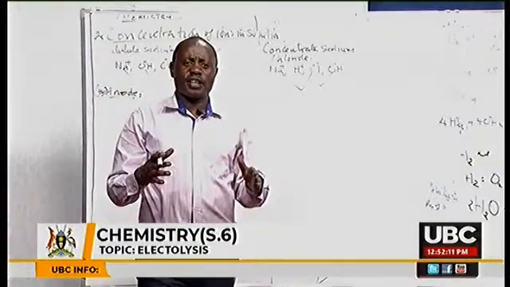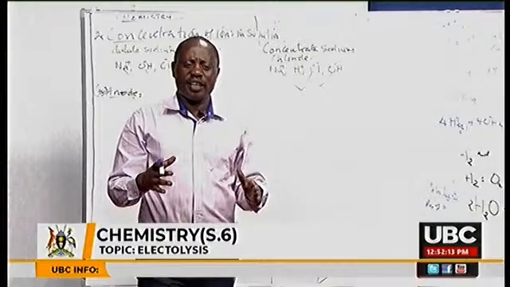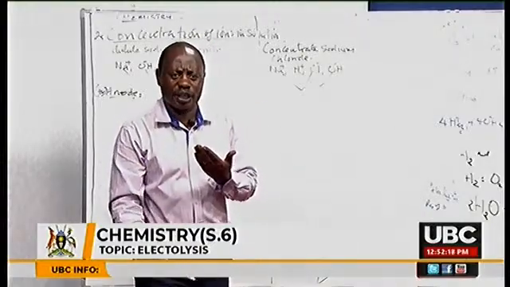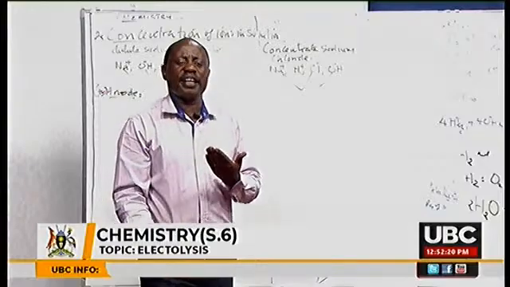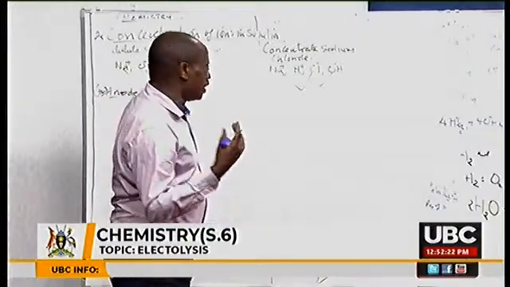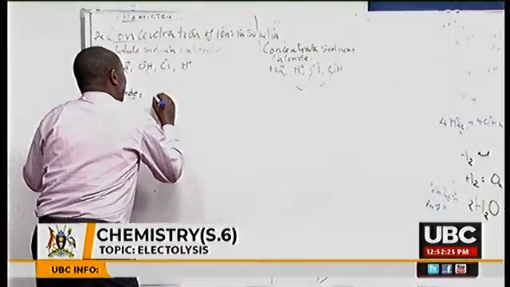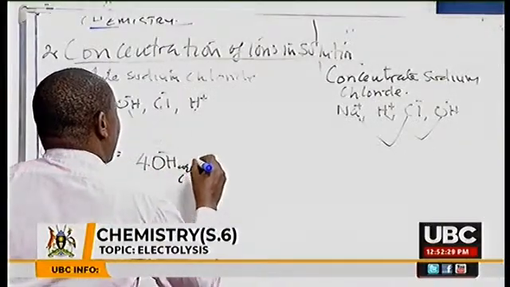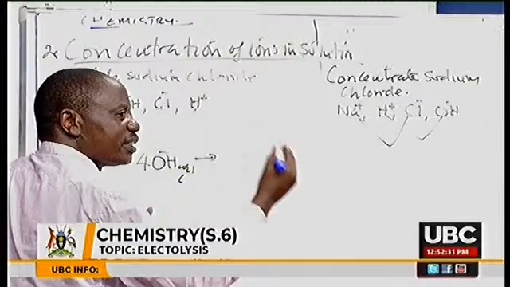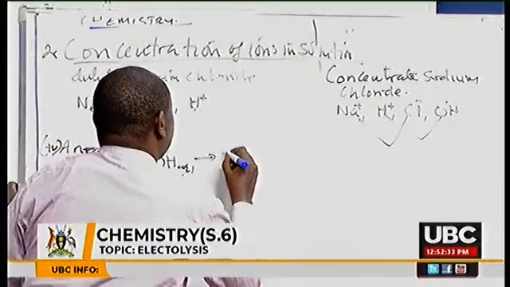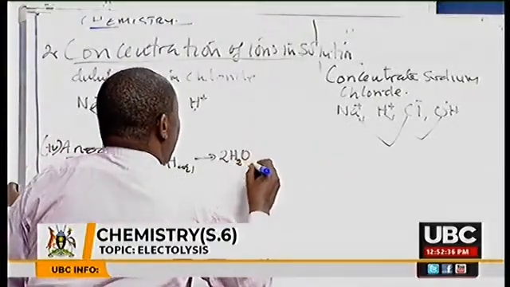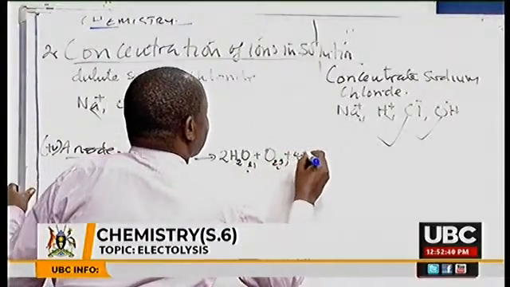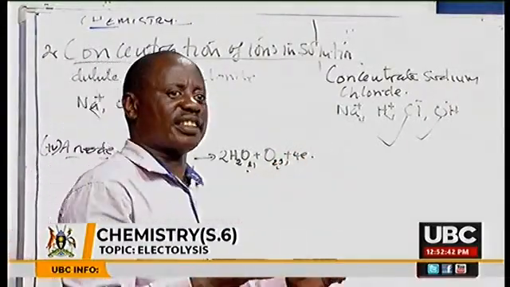But hydroxyl ions will be preferably discharged because they are below chloride ions in the electrochemical series, meaning they require less energy to be discharged. Hydroxyl decomposes to form water plus oxygen plus 4 electrons. So you will see bubbles of colorless gas.